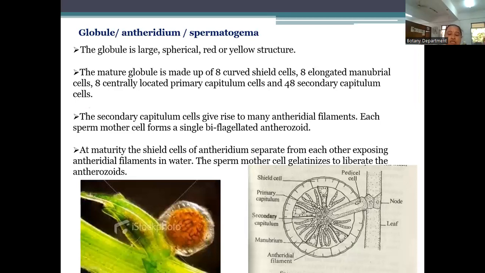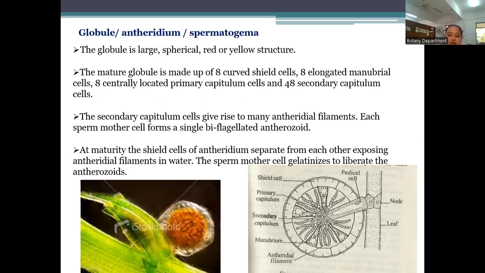Coming to the structure of the globule and how it develops. It is spherical in shape, reddish in color. See this one, this is the globule. This one is the nucule, where the node part is. In that node part the globule is produced. It is large, spherical, reddish in color, and sometimes yellow color is also present.